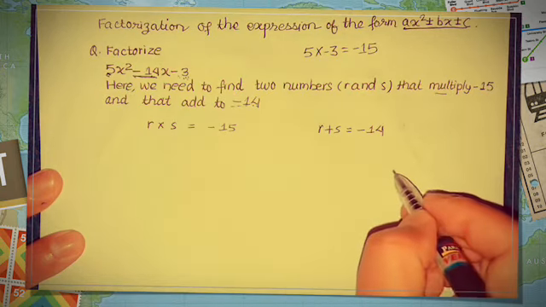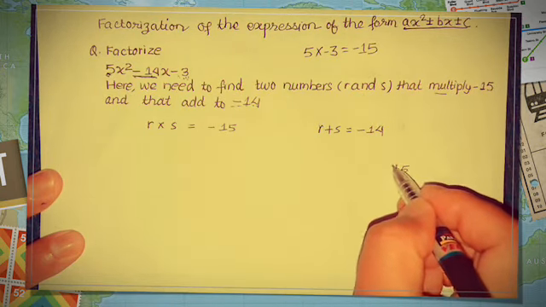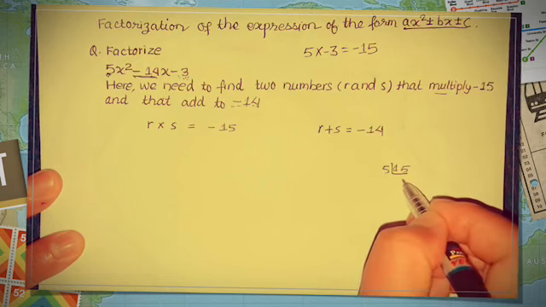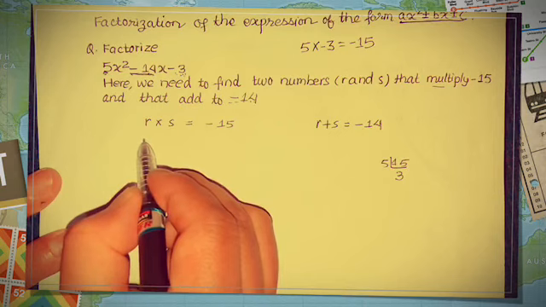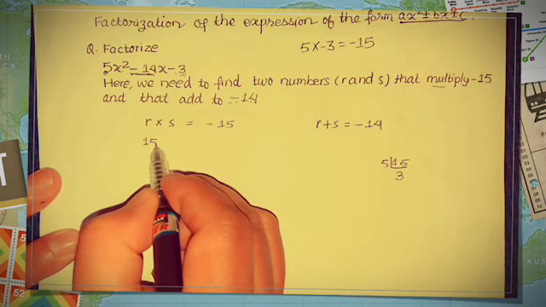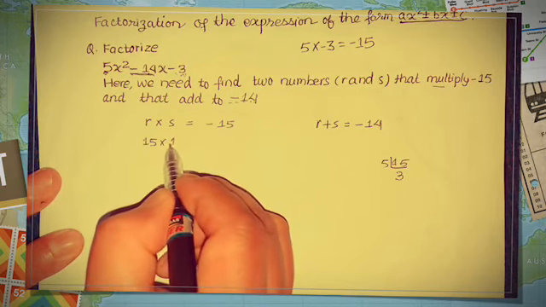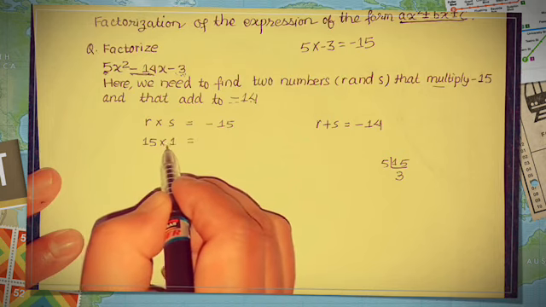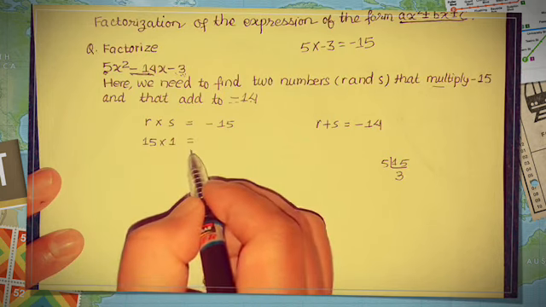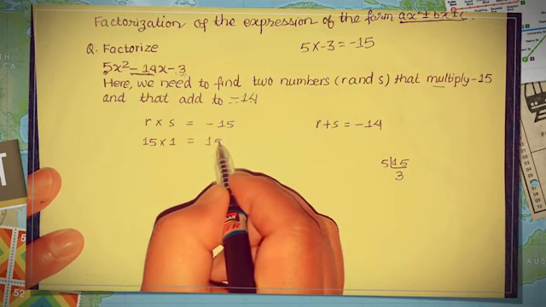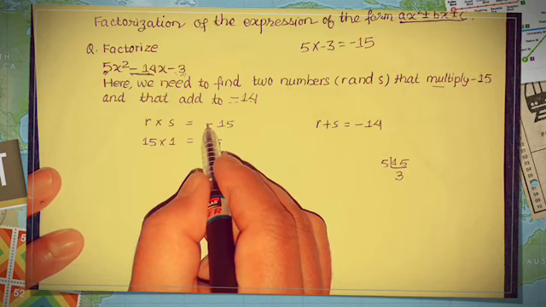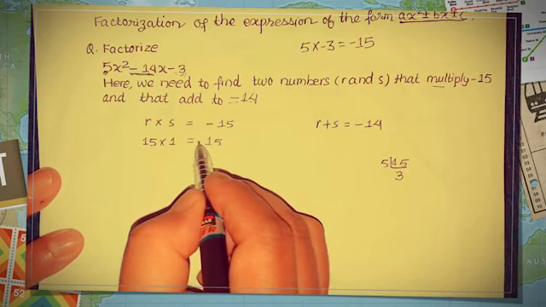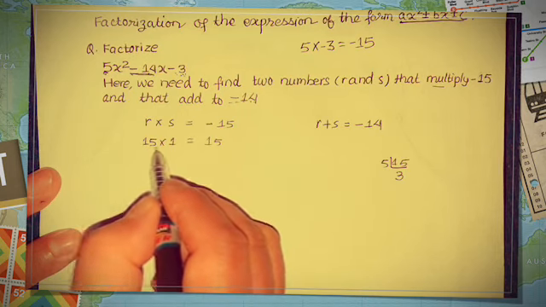15 is 5 times 3, and the number 1 is always a factor of 15. So it gives 15, but according to the condition we need minus 15, so the product should be negative.